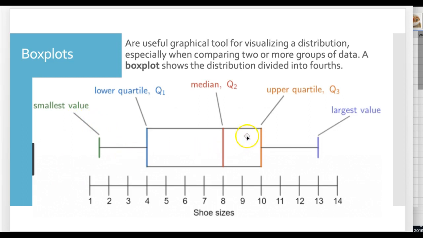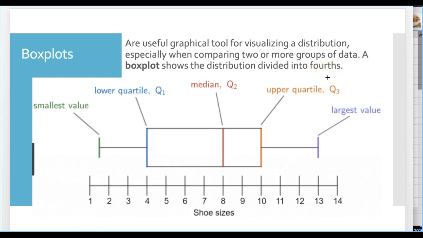It's mainly composed of a box, and in this box is about 50% of our observations. Outside of the box are what are usually called whiskers. Between these two numbers there's 25% of the observations, and between here, there's 25% of the observations.